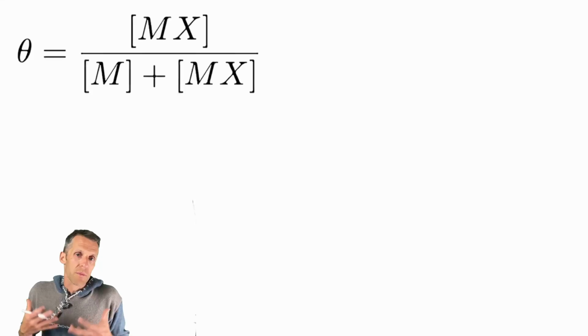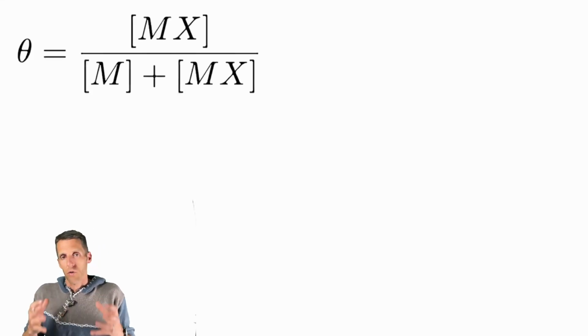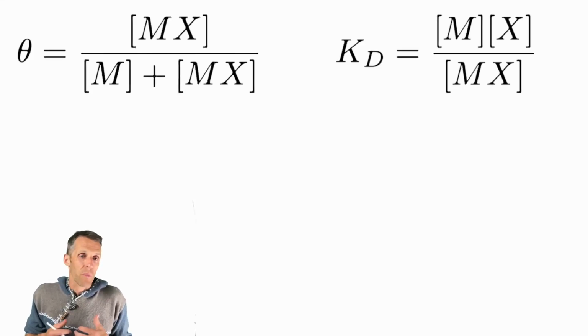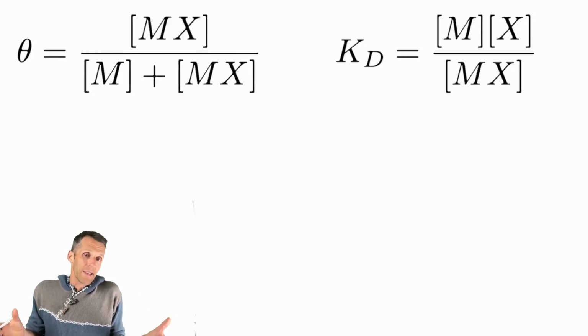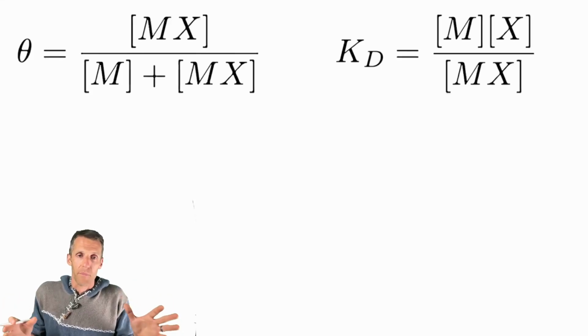So here's our expression for fractional saturation, now written with this MX notation rather than drawing pictures of receptors and estradiols. And we have our expression for KD. Now, I would recommend that you actually try to do this yourself, so pause the video and say, I'm going to try to do this operation.